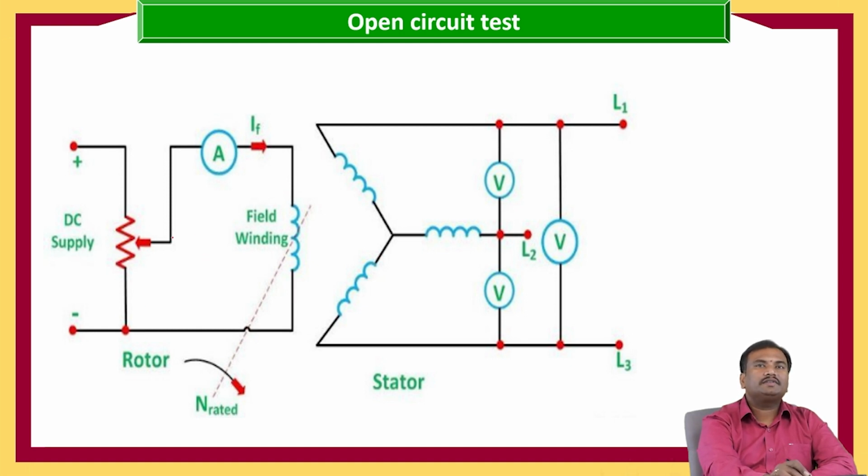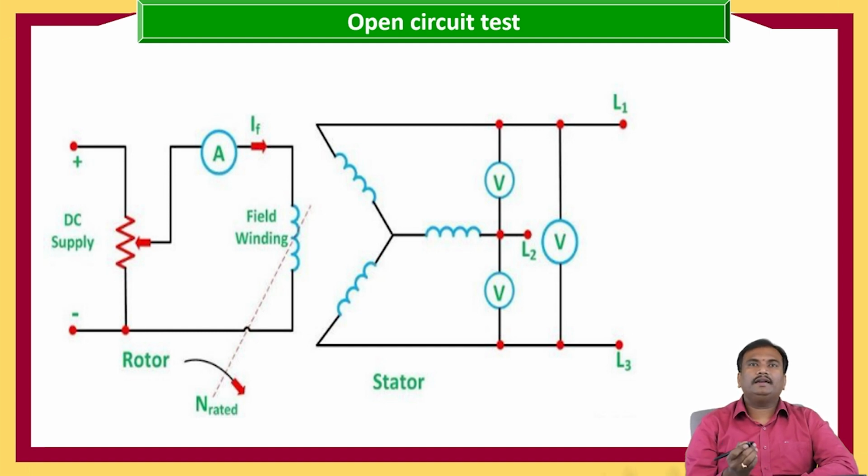This is connected to the ammeter, and through the ammeter to the field winding. Here the three phase star connected alternator is connected to open circuited voltmeters, connected line to line, which give the open circuit line to line voltage.